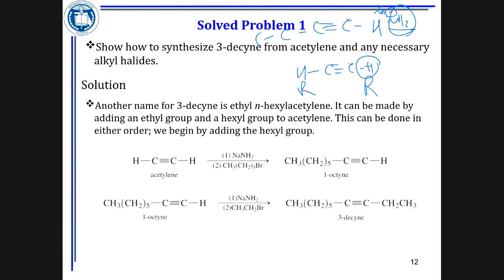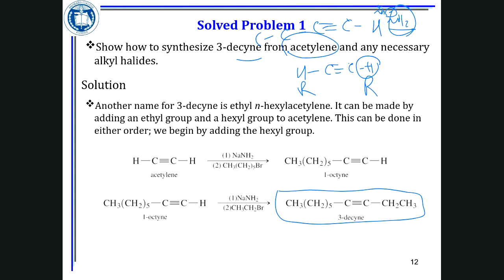For this example, when you are trying to make 3-decyne from acetylene, the first thing is to draw the structural formula or condensed formula for decyne.